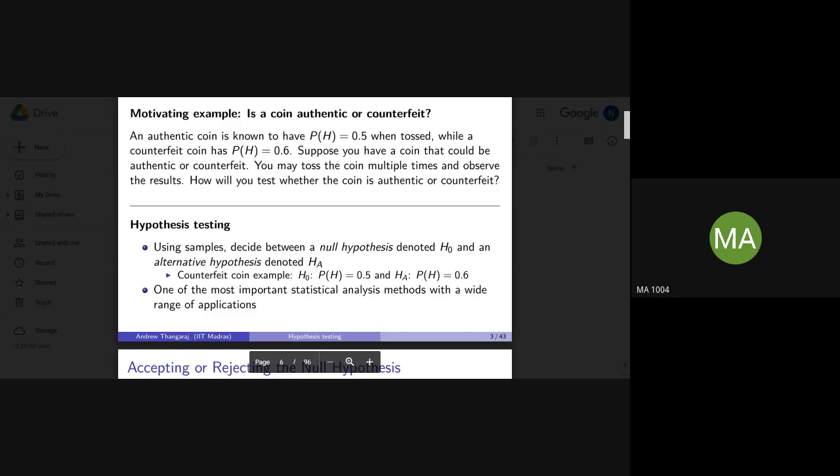In this example, we want to test whether probability of head is 0.5, so we put it into the null hypothesis. We denote the null hypothesis by H naught, and it is the hypothesis which goes along with the belief. Whatever you want to check, you put it there.